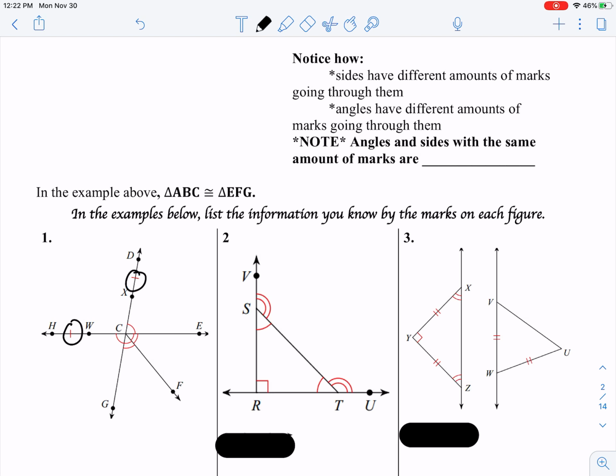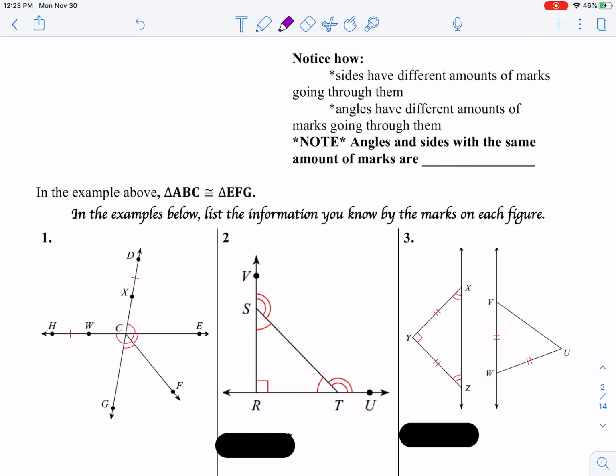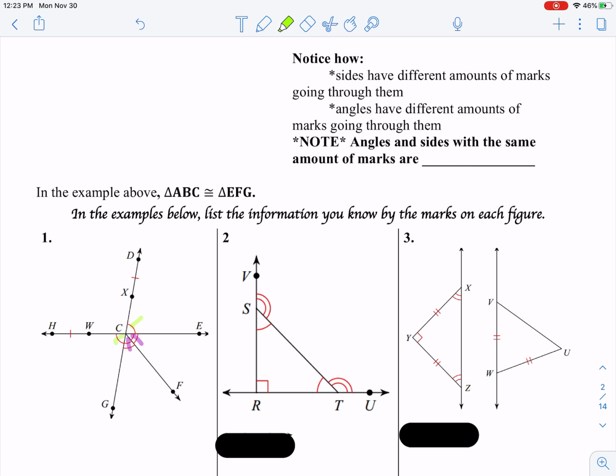I have one right here. This angle, I have one, where these sides I have two. Okay. Now, in math, if you see angles or sides with the same amount of marks, then they are said to be congruent.